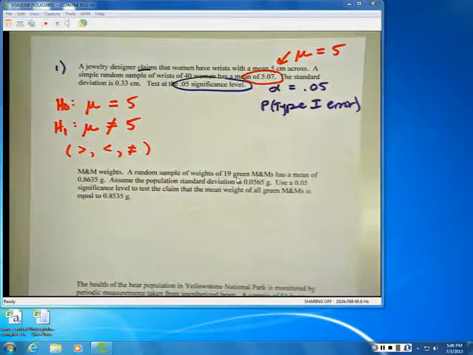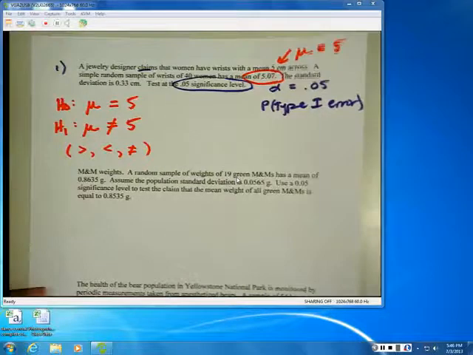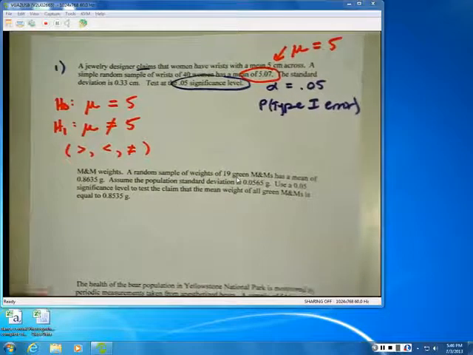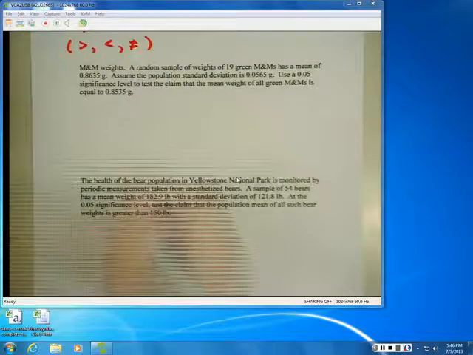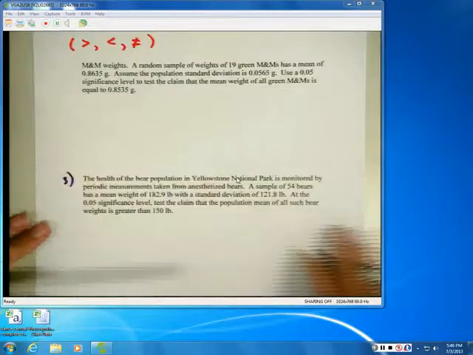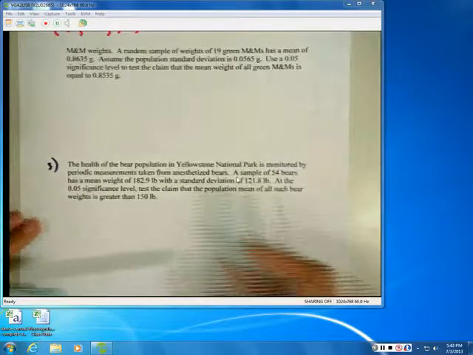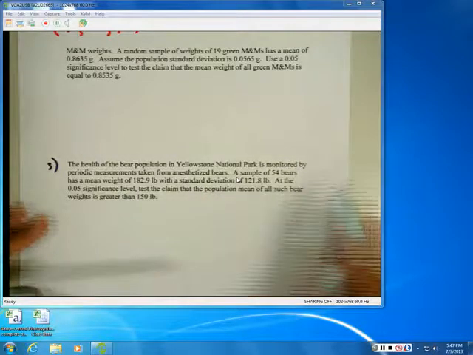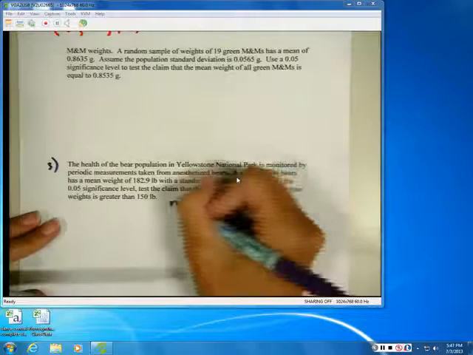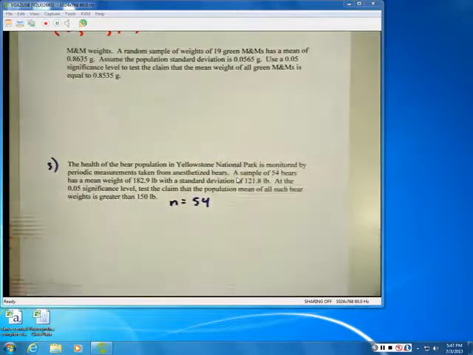Okay, let's do number 3 next. Number 3, the health of a bear population in Yellowstone National Park is monitored by periodic measurements. A sample of 54 bears, let's just get used to writing some of these down, has a mean weight.